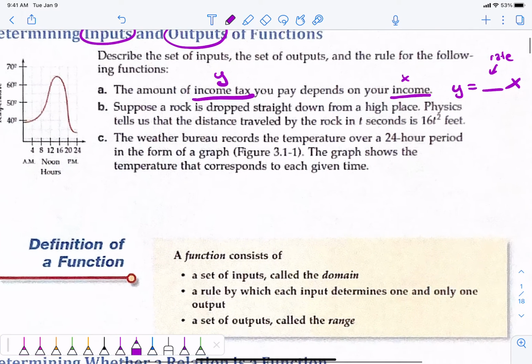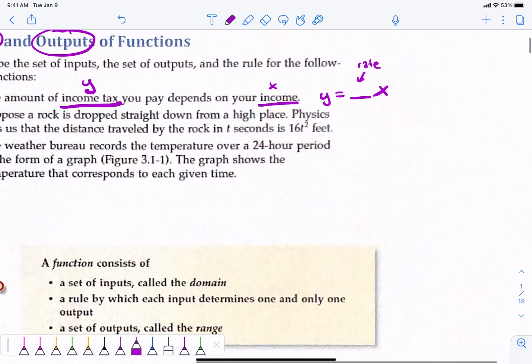B, suppose a rock is dropped straight down from a high place. Physics tells us that the distance traveled by the rock in t seconds is 16t squared. The formula is Y equals negative 16t squared plus like D, which is the distance that you drop it from.